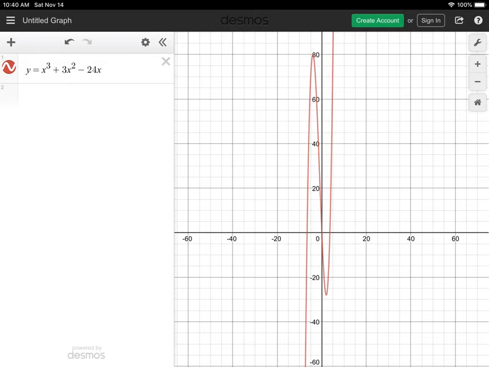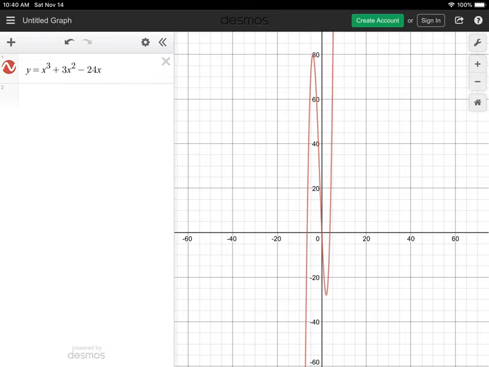Now if you use your fingers and touch the graph and pinch towards each other or away, it will adjust the graph so that you can see both our relative min and max. Okay, so remember our relative min is relatively the smallest point.